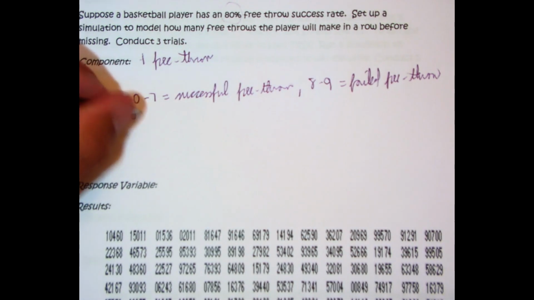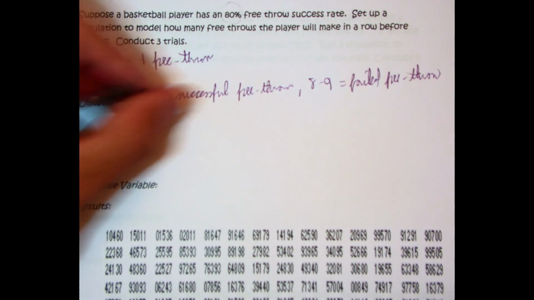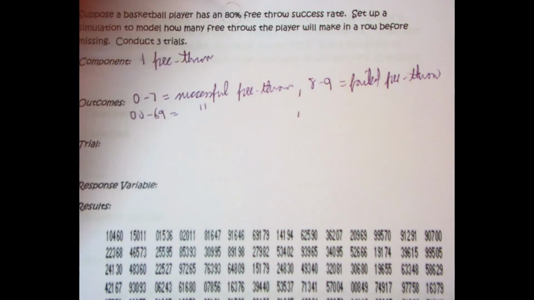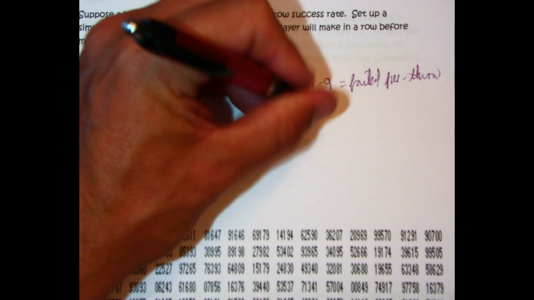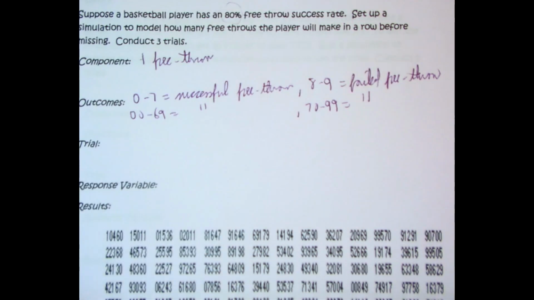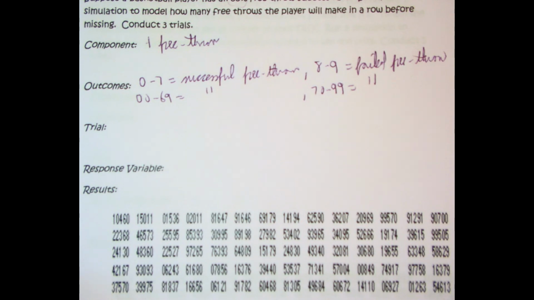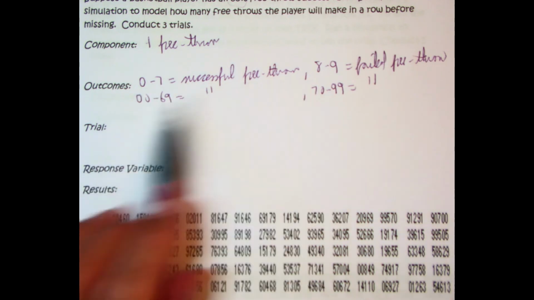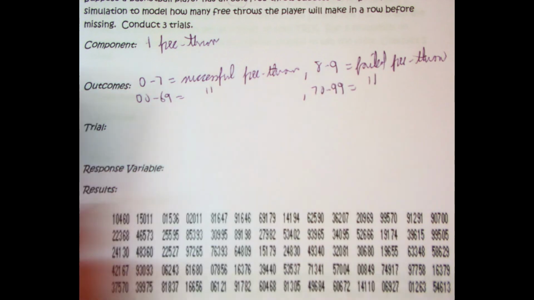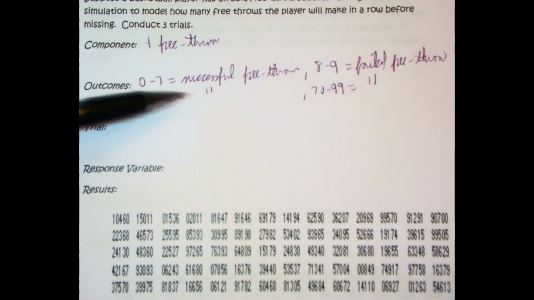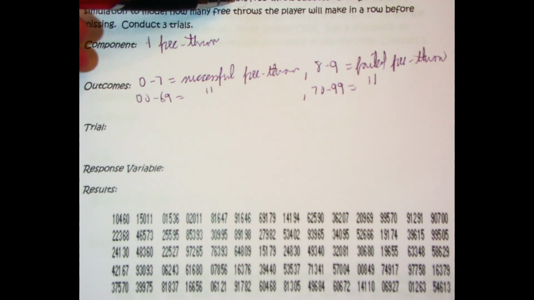Or I could do double digit numbers. 00 through 69 equals a successful free throw, and then 70 through 99 equals a failed free throw. Okay? Either one is acceptable as long as, again, these relative frequencies are the same as this percentage here.